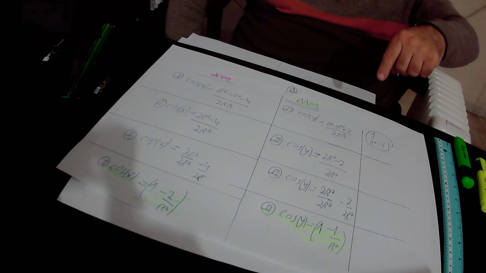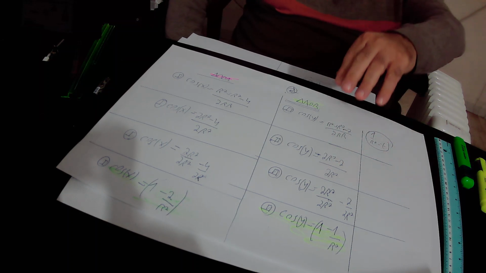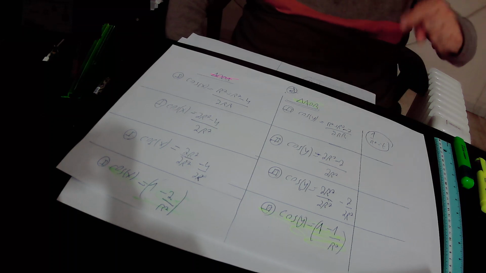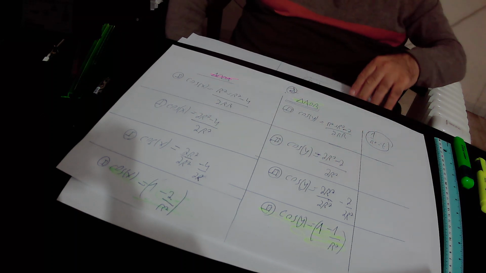In the next step, we defined 1 over r squared as t, and then we substituted 1 over r squared in those two equations, equation number 1 and equation number 2, by t.